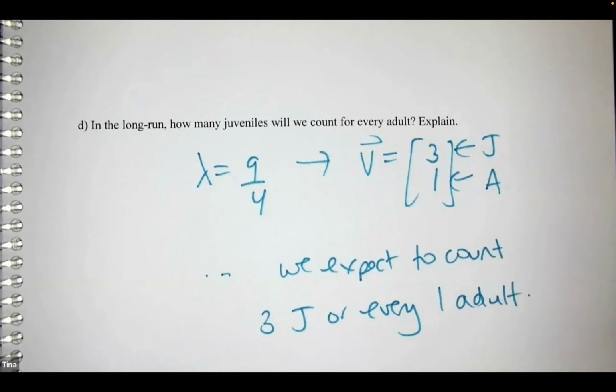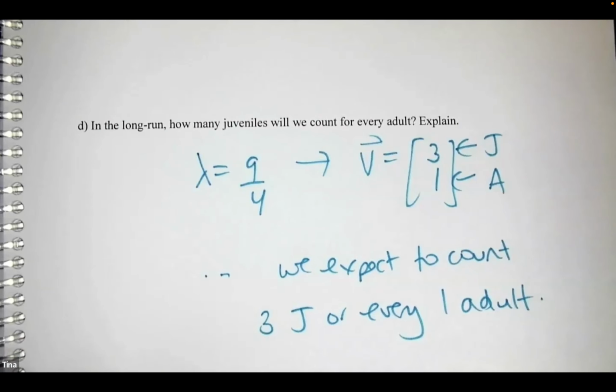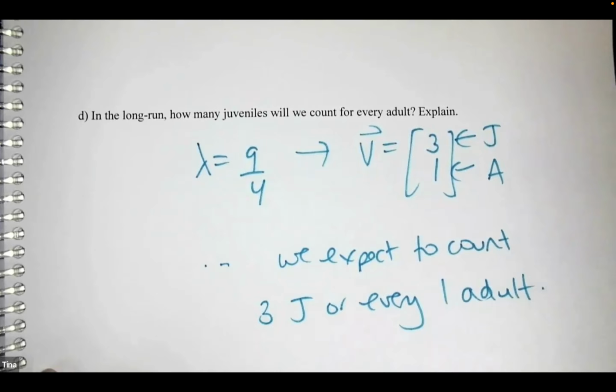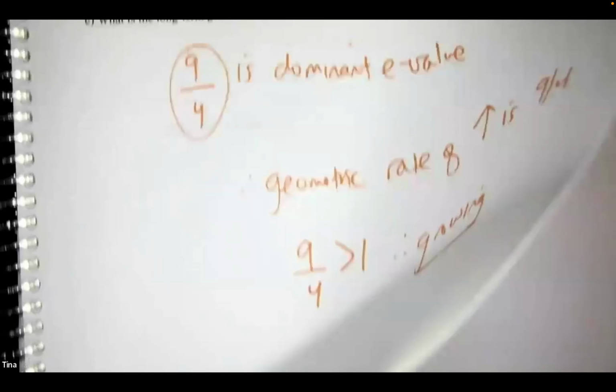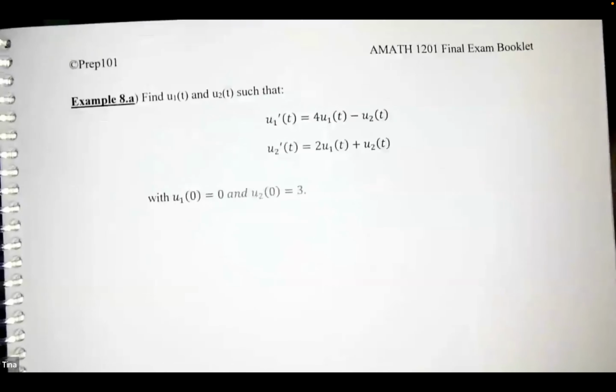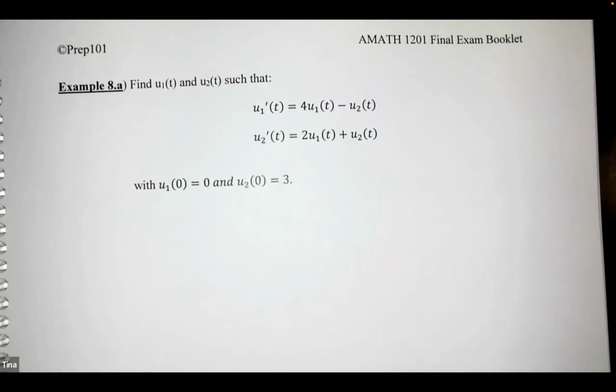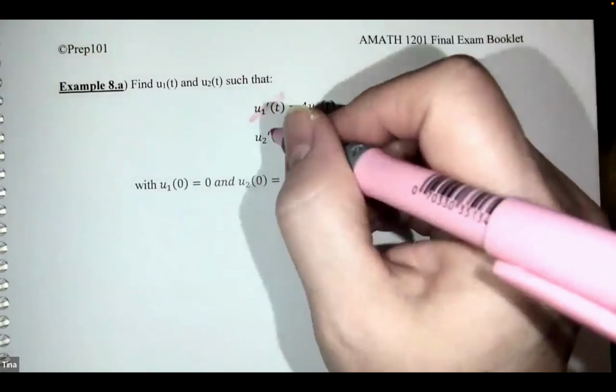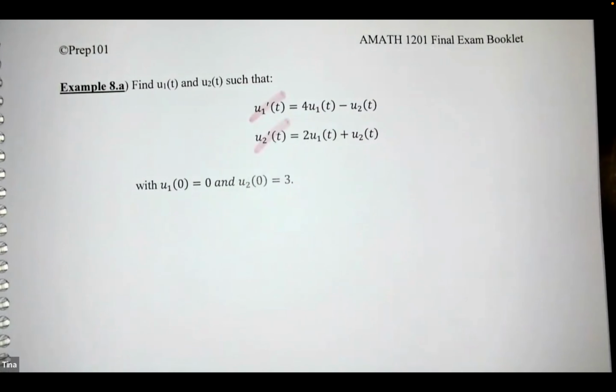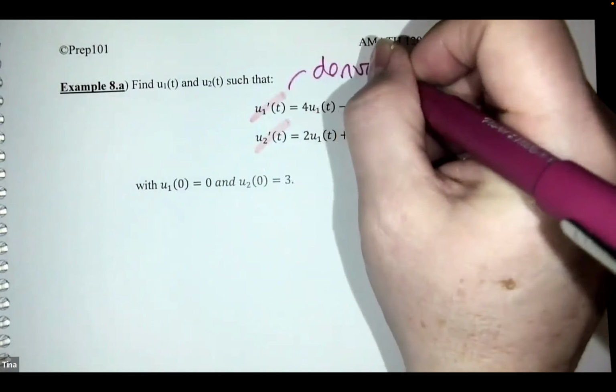So the last one now is, what happens when they give one? That's a system of differential equations. So then, of course, we have that E, okay? We can tell this is a system because, look, we've got U1 prime, U2 prime. We know we've got derivatives.